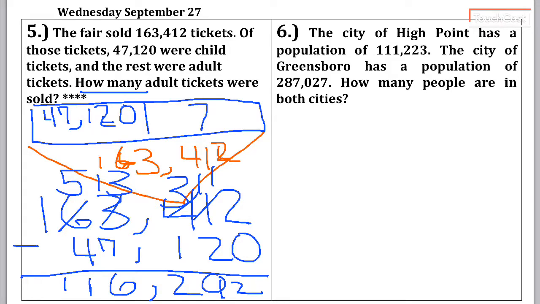So in all, how many adult tickets were there? There were 116,992 adult tickets.